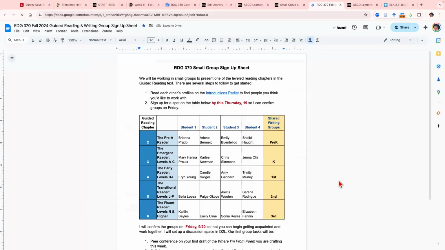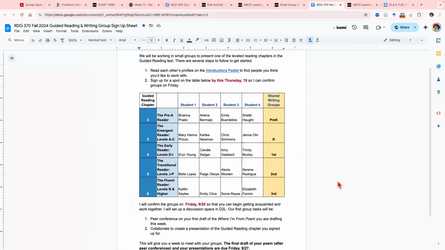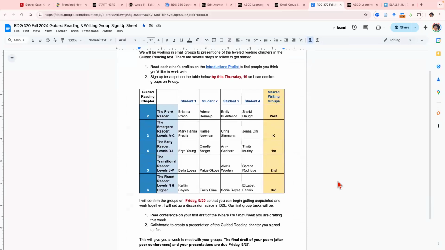And you will see here's that original sign-up sheet that you had early on when you were doing the guided reading chapters. I added another column, the shared writing group. So this is your shared writing task that you're working on. And all I did was add pre-K through third grade so that it aligns with the areas you were working on before, because your assignment is only going to cover these areas.